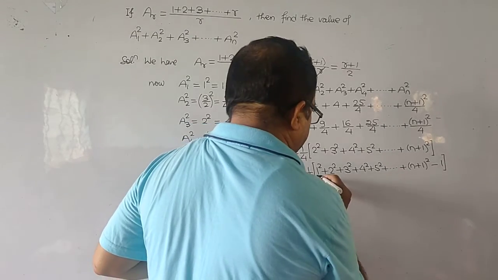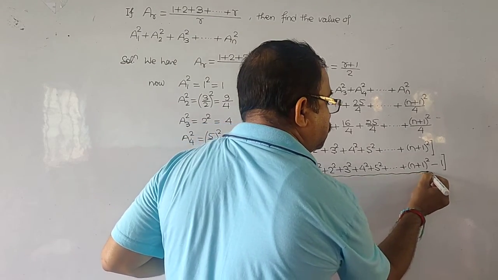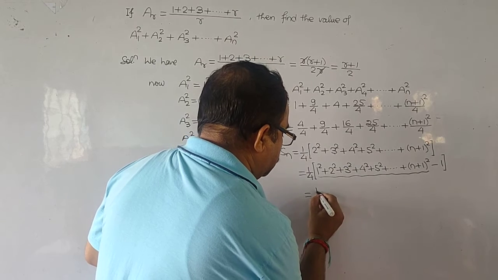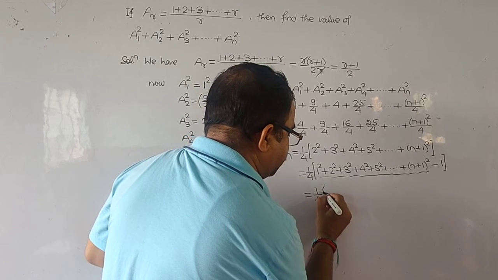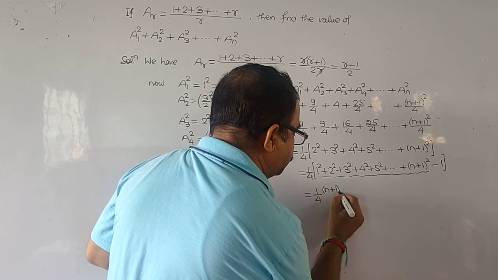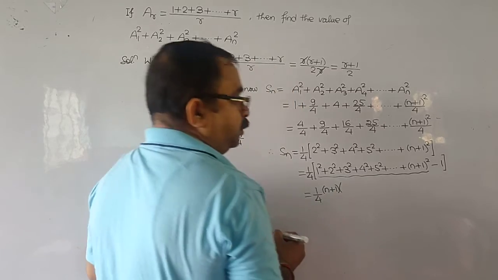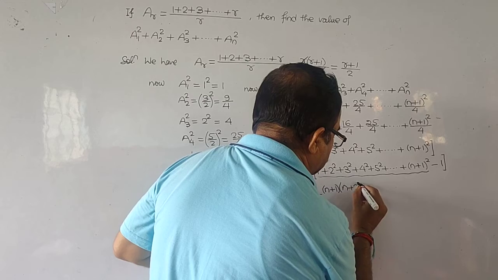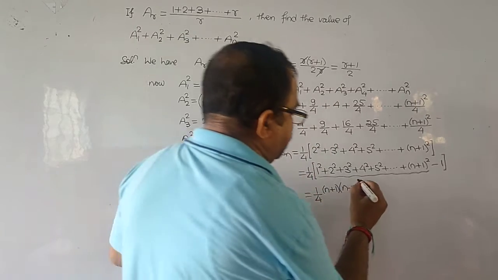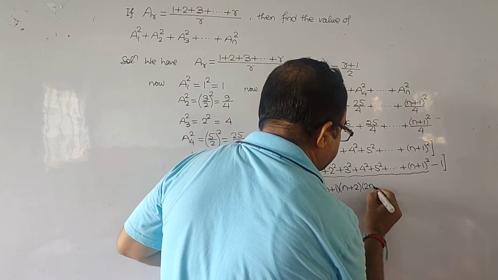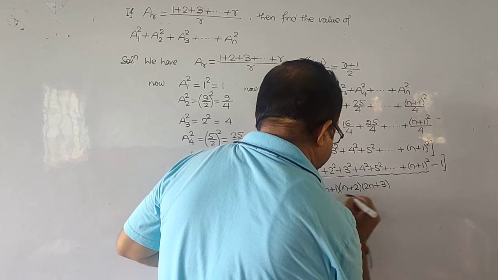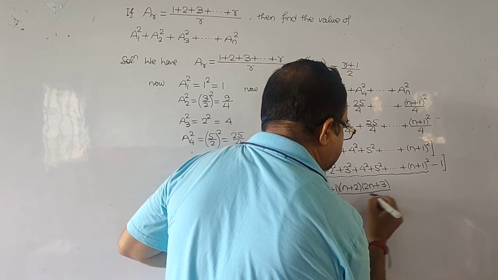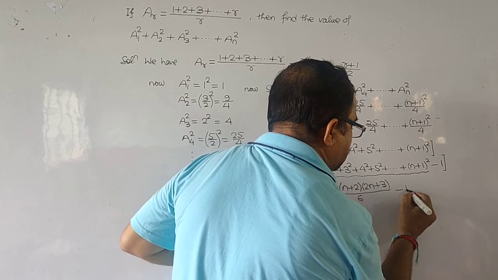This will be equal to (n plus 1)(n plus 2)(2n plus 3) by 6 minus 1.